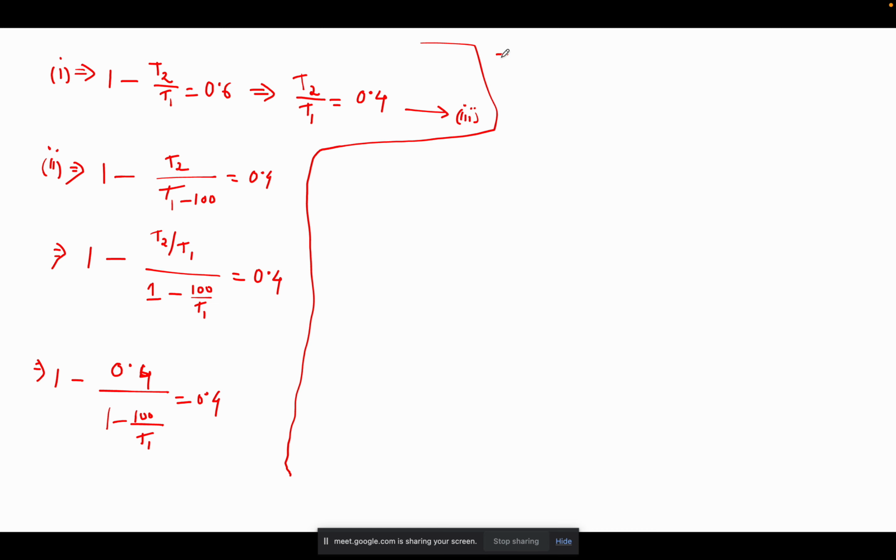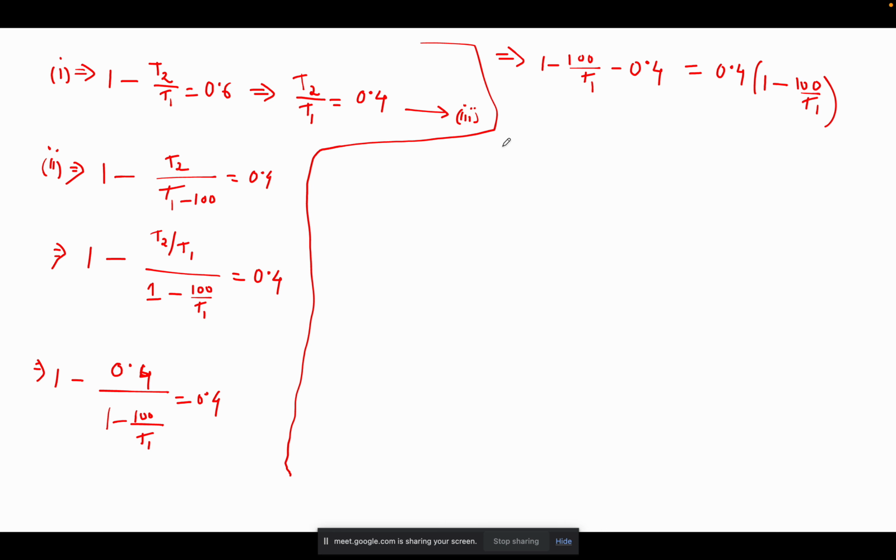Further, what I can do is, if I take the LCM, 1 minus 100 by T1 minus 0.4 will be equal to your 0.4 into 1 minus 100 by T1.